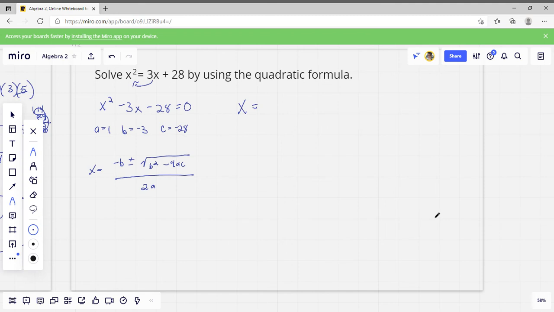Our negative b is negative negative 3, which would be positive 3, so we've got 3 plus or minus the square root of b squared. That's negative 3 times negative 3, which is positive 9, minus 4 times a, which is 1, times c, which is negative 28.